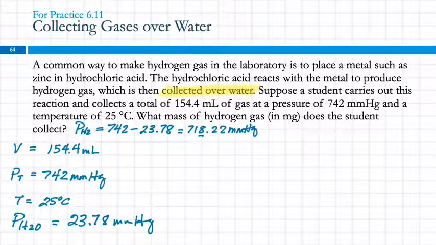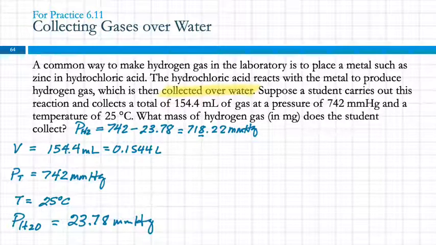I've got volume, I've got temperature, I can use the ideal gas law. I'm going to calculate the moles, and then I have to convert to grams and then to milligrams. N equals PV over RT. Well, let's fix those units first. 154 milliliters is 0.154 liters.